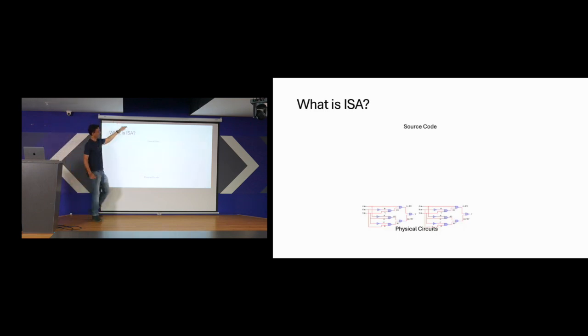And somewhere way up above is source code, the high level programming language in which we think and model the world. The sort of language that the physical circuits expose, that is one way to think about the ISA, because ultimately ISA is how we tell hardware to do something. It's the language that the hardware understands.